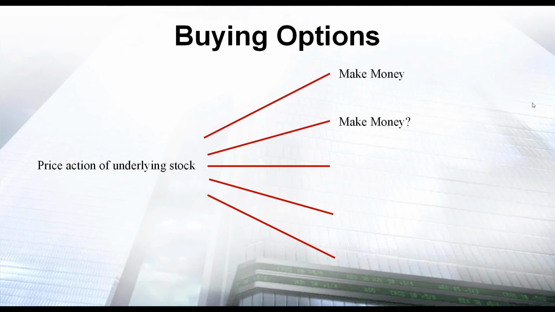You'd have to be very lucky, because chances are you're overpaying for that option to begin with. If the stock moves flat, you're definitely losing money, because remember the theta, every day that goes by that your stock doesn't move, you're losing money on that option contract. If it moves against you, you're definitely losing money. And if it moves against you in a big way, you're losing a lot of money.